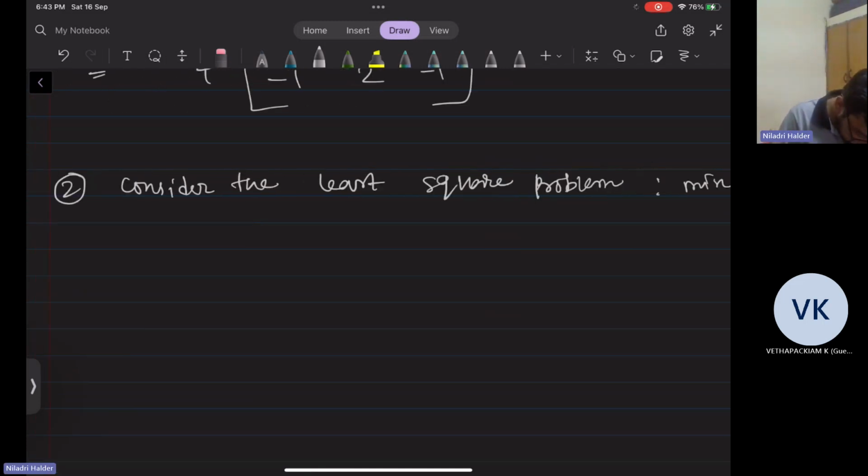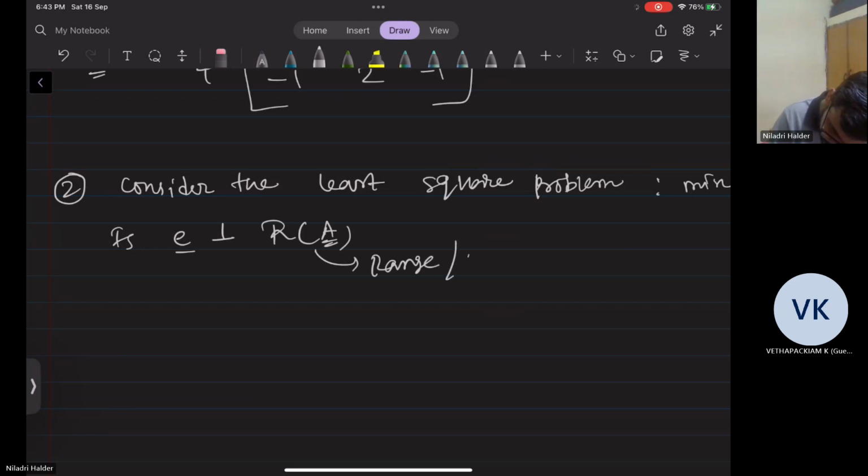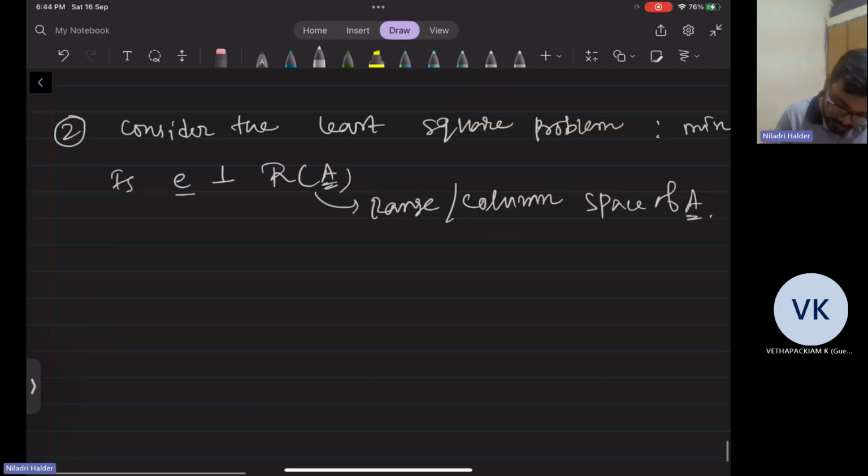The question is whether e is perpendicular to the range space of A. The answer is yes, it is perpendicular, because after that we get only the normal equation.